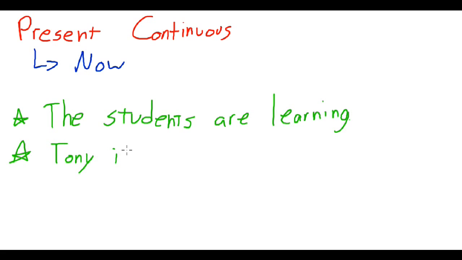Tony is cooking pizza. Correct? Tony is cooking pizza. So that's present continuous. Those actions are happening now. Okay, the students are learning. That's happening right now. Tony is cooking pizza. He is doing that now.